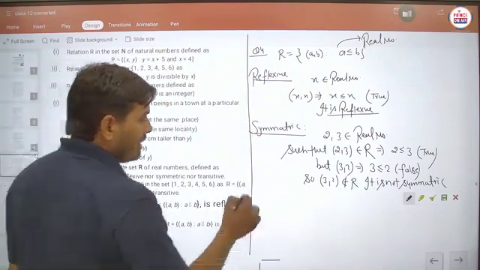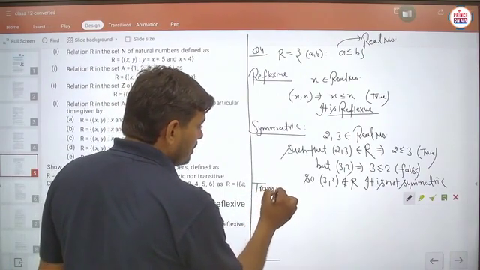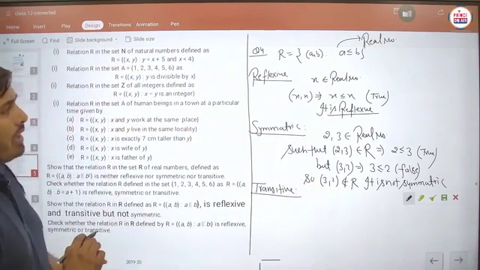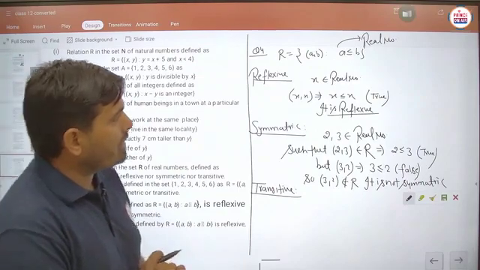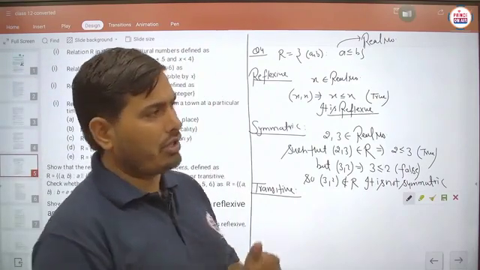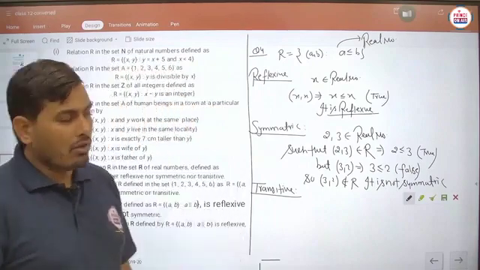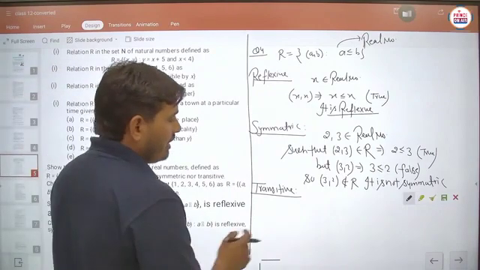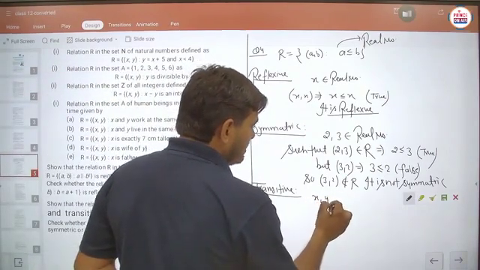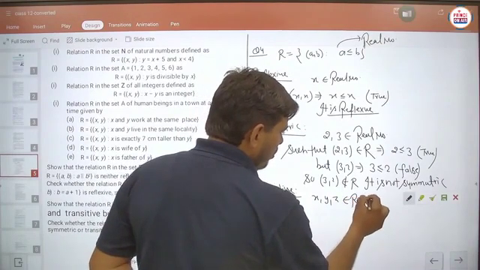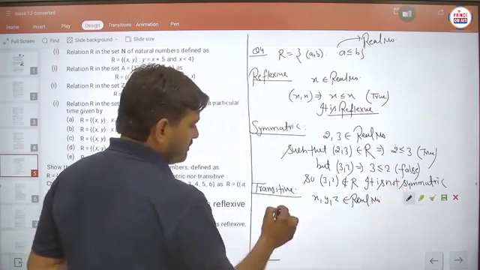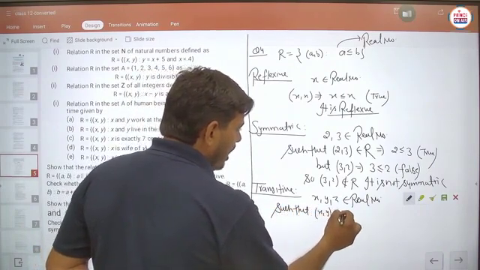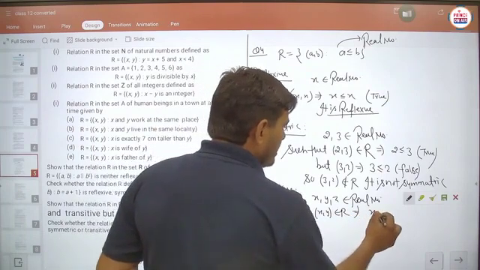The next part we are taking is the transitive. Now student, suppose any real numbers you are taking, in either increasing order or decreasing order, no problem. So in that case, suppose we take any x, y and z, all belonging to the real numbers, such that x comma y belongs to R, which implies x is less than or equal to y.